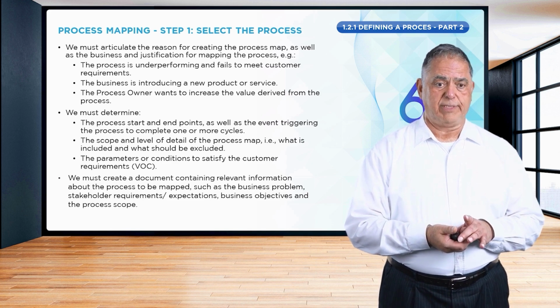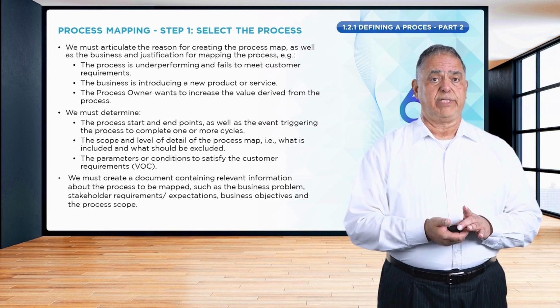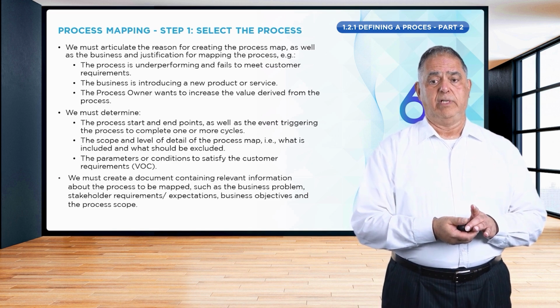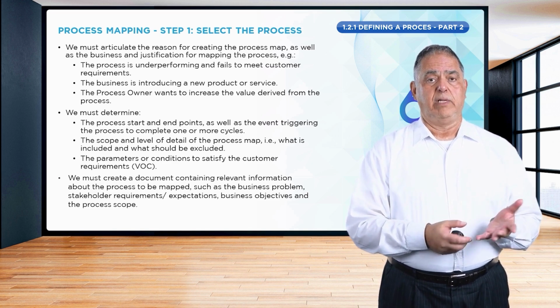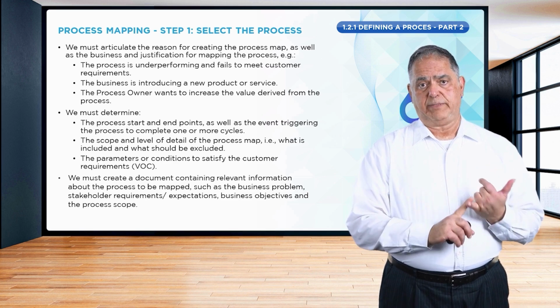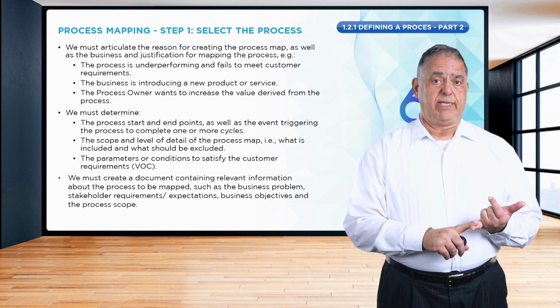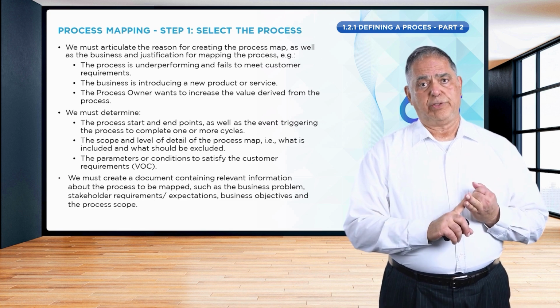We must create a document containing all the relevant information associated with the process that we're about to map. For example, what is the problem statement? What is the business problem that we intend to solve? What are the stakeholder requirements?